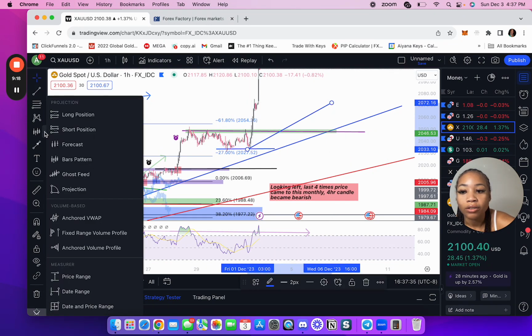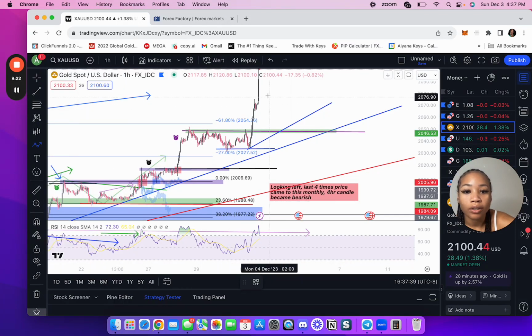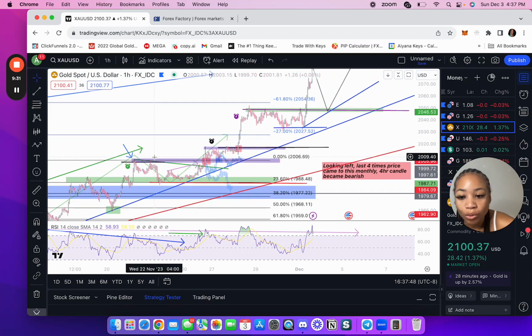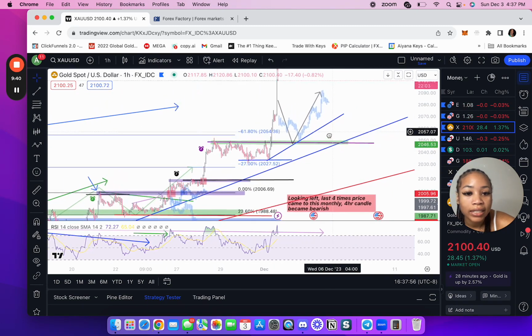So let me draw it out for y'all. It'll be here, wick exhaustion before pushing up. But I'll definitely be looking for a candle to have some wick exhaustion to look something like that.